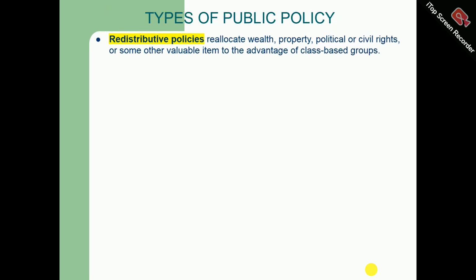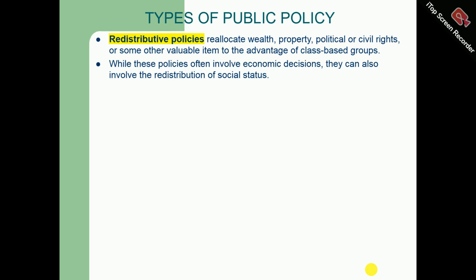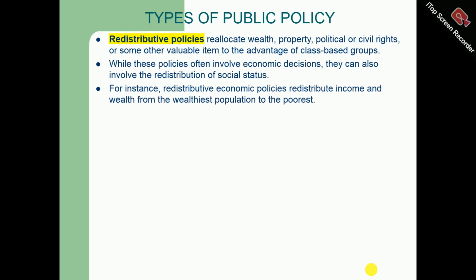The second type of public policy is redistributive policies that reallocate wealth, property, political and civil rights, or some other valuable items to the advantage of class-based groups. While these policies often involve economic decisions, they can also involve the redistribution of social status.